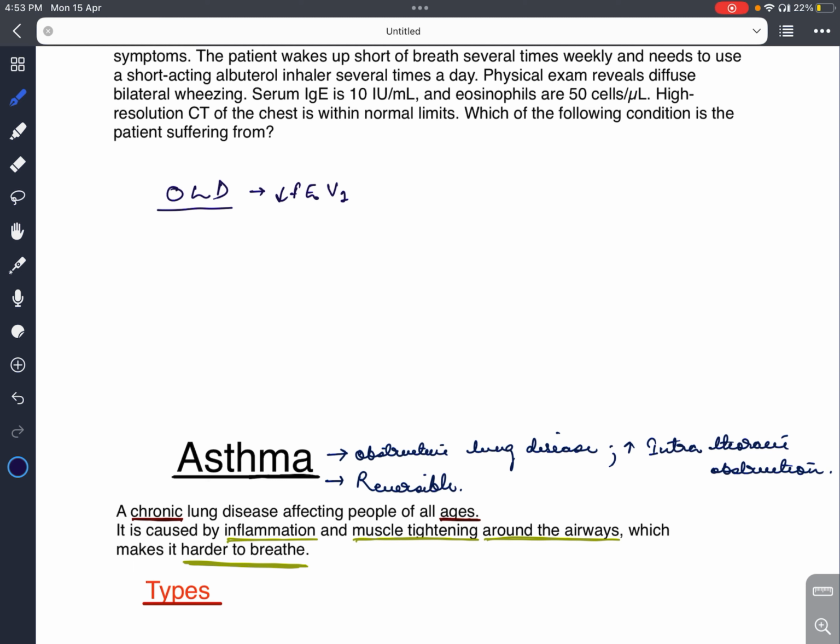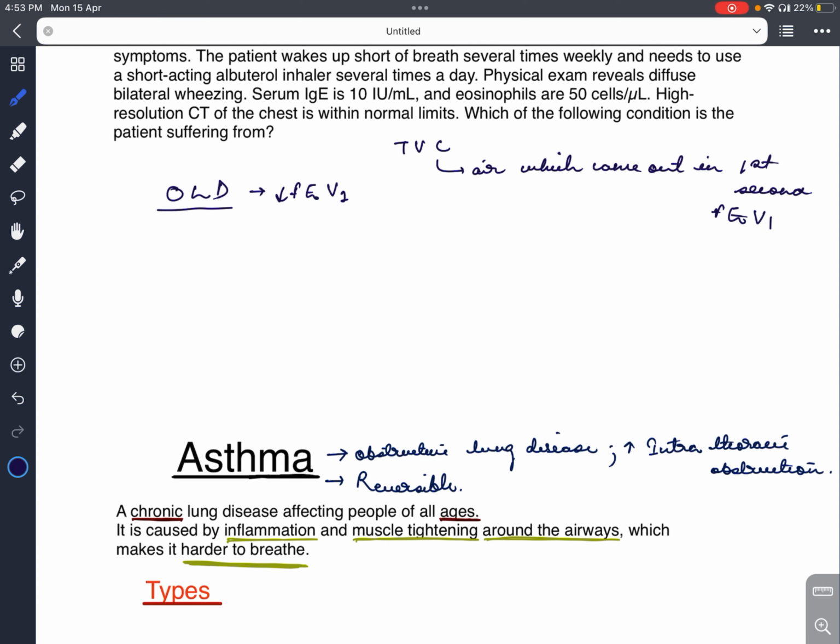It was actually a component of timed vital capacity, the amount of air which came out in the first second was FEV1.